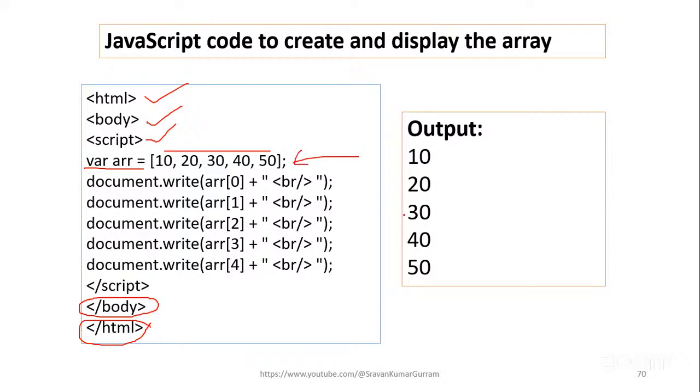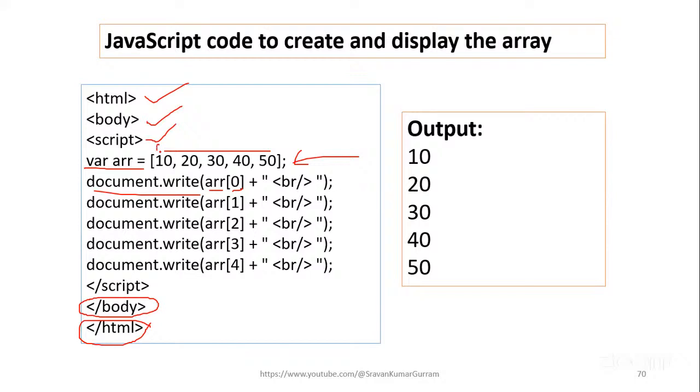Now, I want to display the elements one by one. How to write that? As we covered just now, we can use the index mechanism. document.write, or you can use console.log, both are valid. Document.write arr at zero index. I want to print the zero index element.